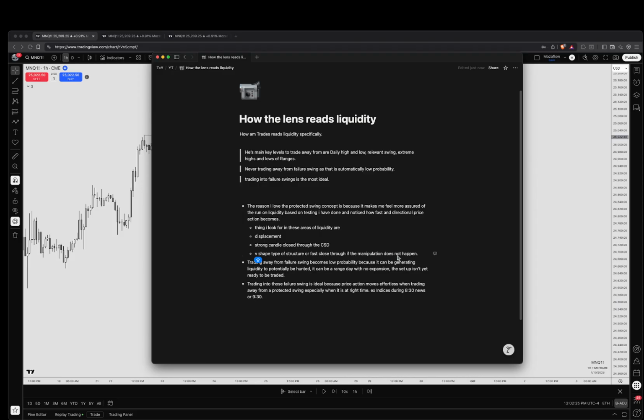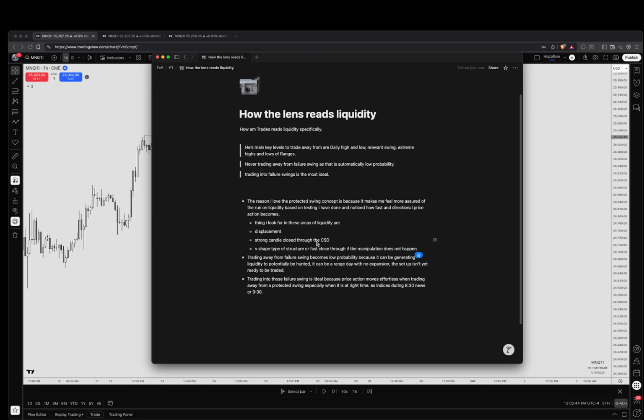The B shape. This is a Garrett GXC concept, or at least he likes to describe it that way. The B shape of structure, the fast close through, or the fast close through if the manipulation doesn't happen.